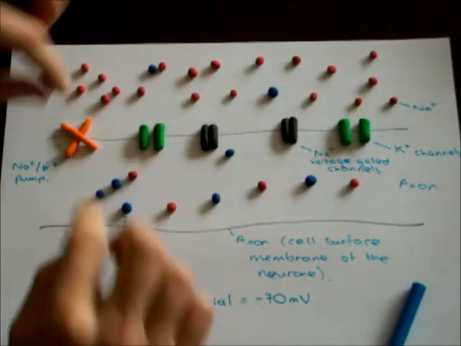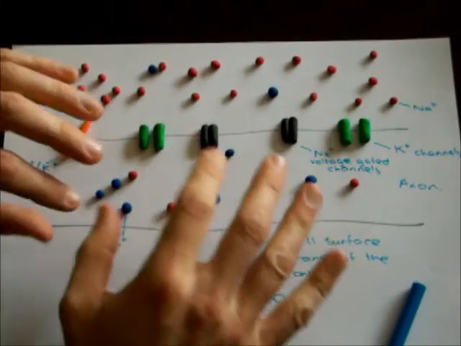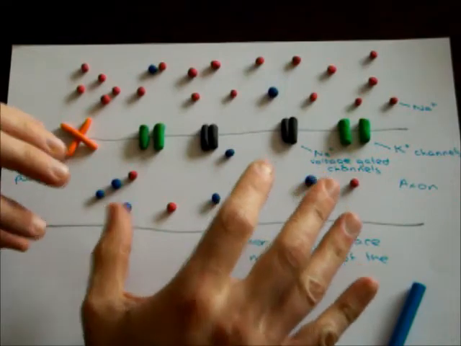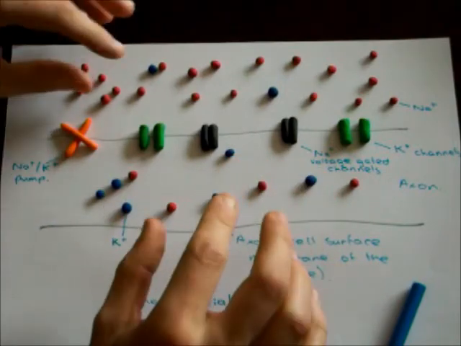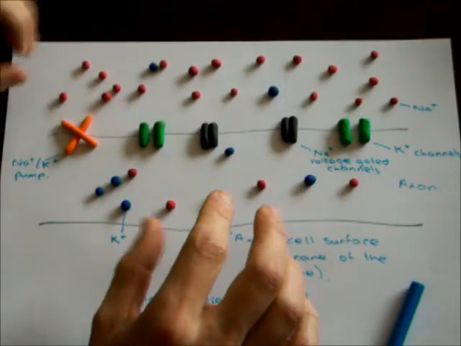This repeats many times, building up a concentration of potassium inside the axon and a concentration of sodium outside the axon.